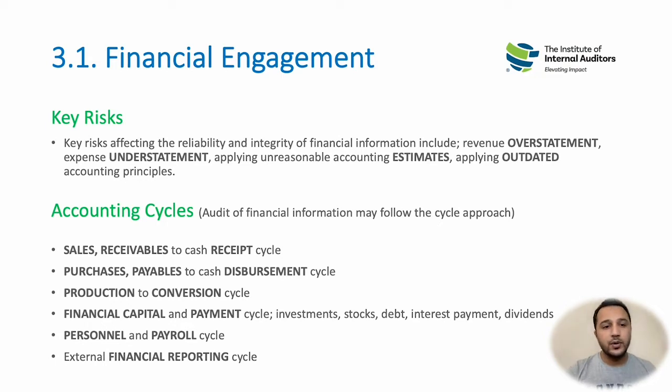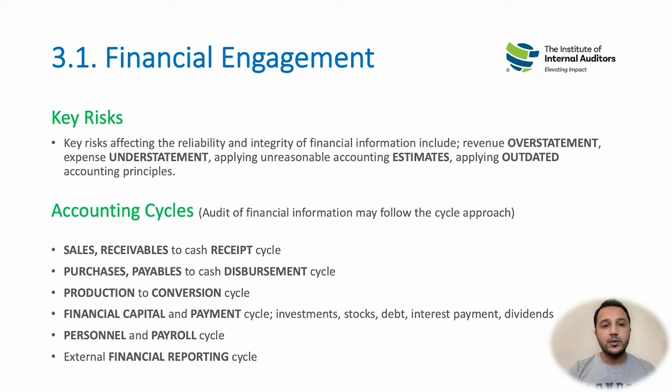Personnel to payroll, so how the payroll, wages or salaries are being made. External financial reporting cycle. External financial reporting is the overall recording of the entire transactions throughout the year, and then how they put that into a trial balance and ledgers, and eventually in the form of the balance sheet, income statement, and changes in equity.